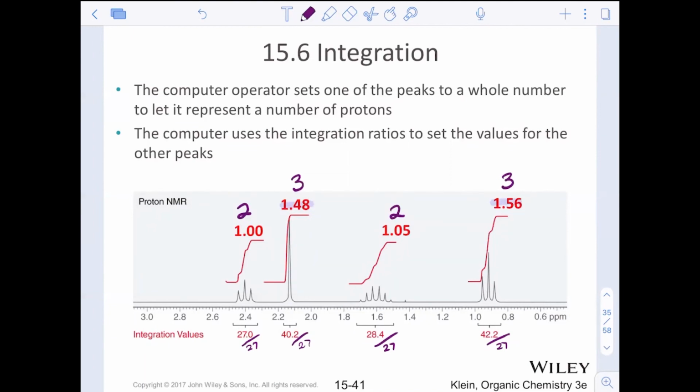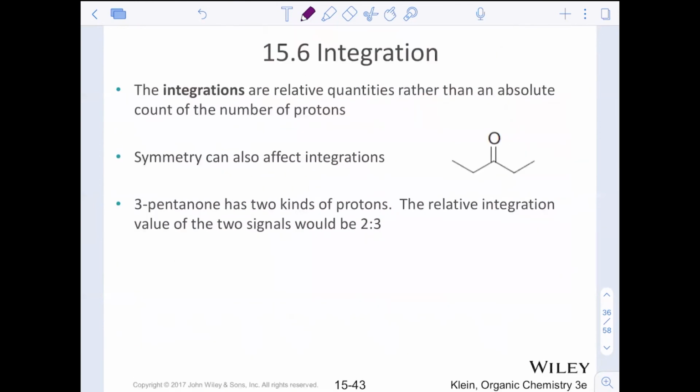Here, the factor would be multiplying everything by 2, right? All right, so this peak represents 2 hydrogens. This peak right here represents 3 hydrogens. This group of peaks is 2 hydrogens, and this one is 3 hydrogens. That's literally what integration does for us. It tells us the relative number of quantities for the protons rather than the absolute, all right? So it's giving us the smallest whole number ratio of those peaks.